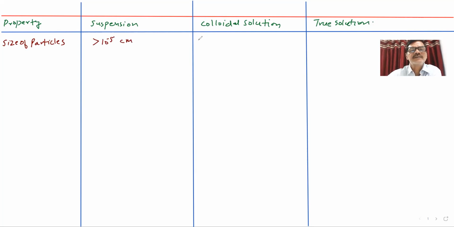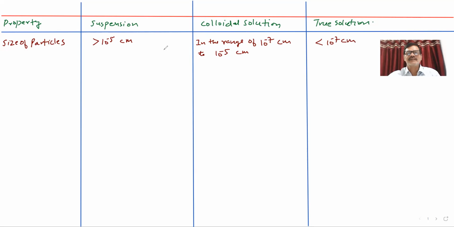Here it is in the range of 10 power minus 7 centimeter to 10 power minus 5 centimeter, and this is less than 10 power minus 7 centimeter for true solution. So this is the difference of size.